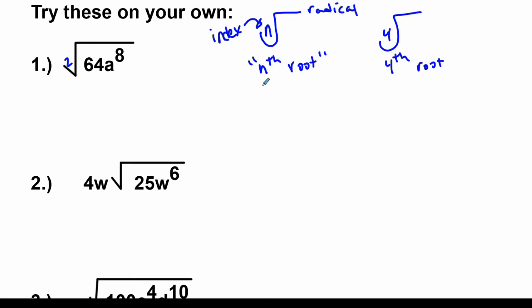So I'm looking for something that multiplies by itself that gives me 64. Now we should know that that's 8. But the question is, what do I square to get a to the 8th?